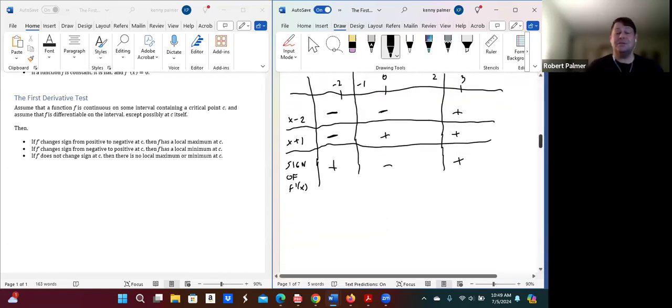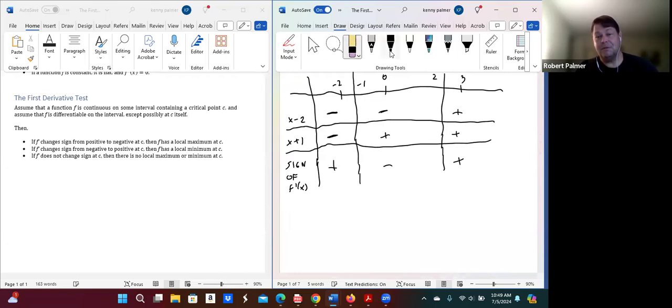So that tells us the sign. One more thing we know: the function is increasing where it's positive. It's decreasing in between -1 and 2, and then it's increasing again from 2 to infinity.